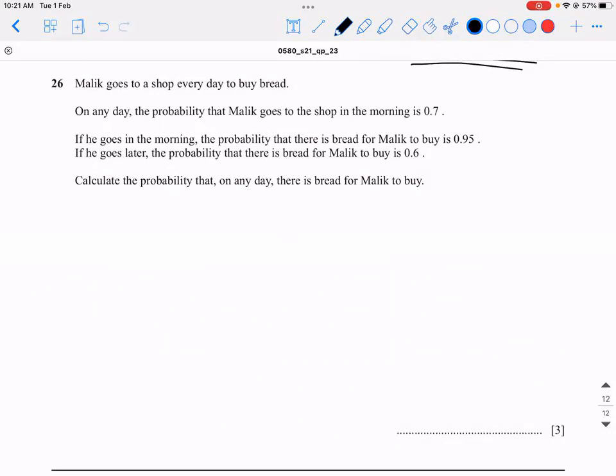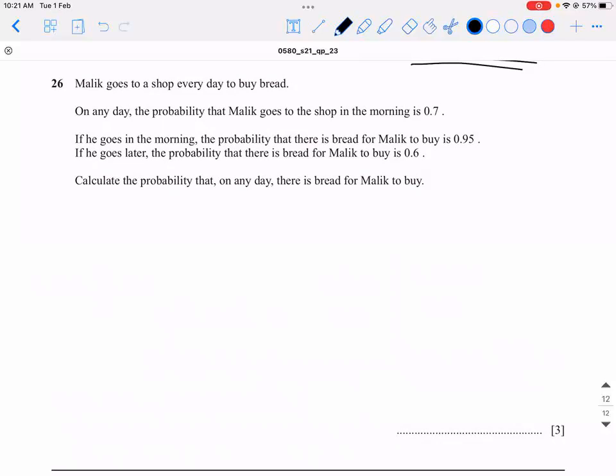So that means he can go for buying bread in the morning or not in the morning, correct? If he goes in the morning, the probability that there is bread for Malik to buy is 0.95. If he goes later, the probability that there is bread for Malik to buy is 0.6. Calculate the probability that on any day there is bread for Malik to buy.